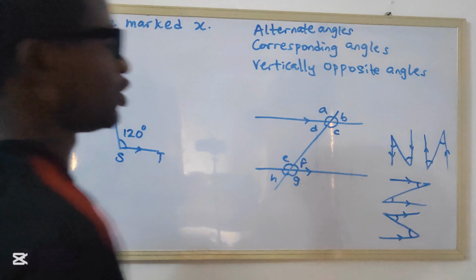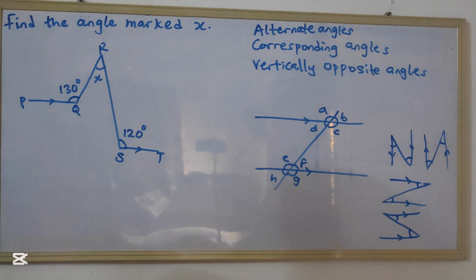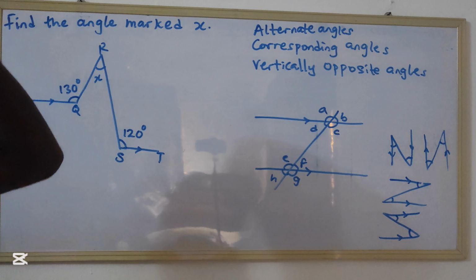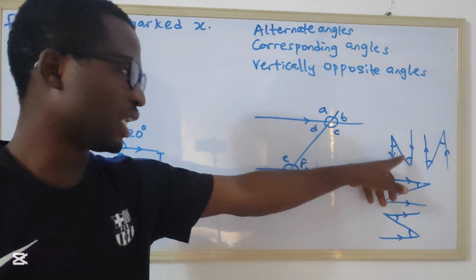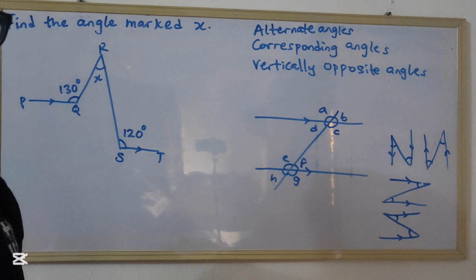This is the easiest way to identify the first one, which is alternate angles. So whenever you are able to picture something that looks like either N or Z, and the angles are like this, you can know that they are alternate angles. And alternate angles are equal.